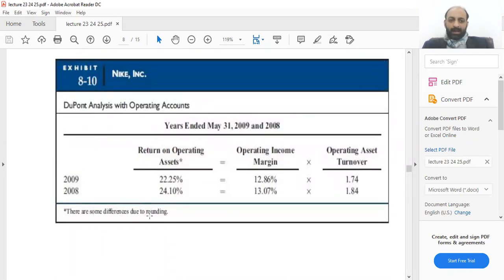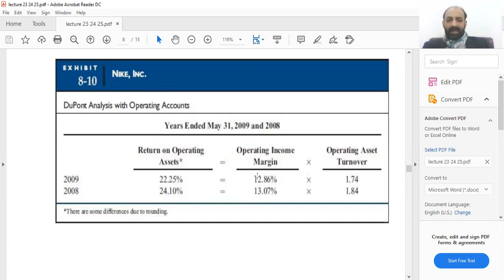First, we look at the 2008 figures. We see that in 2008, the operating asset turnover was 1.84, which is greater than 2009. In 2008, the operating income margin is 13.07%, which is greater than 2009. So as a result, the return on operating assets that we had in 2008 is higher than what we have in 2009.